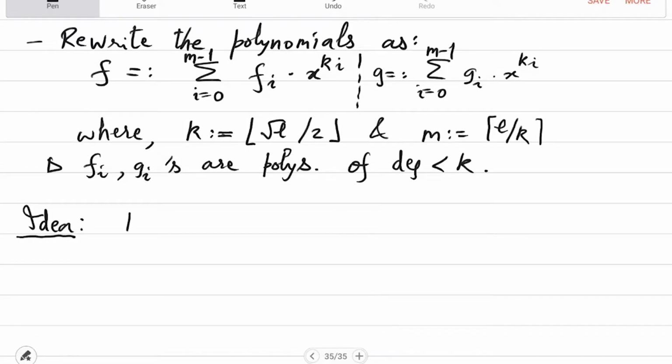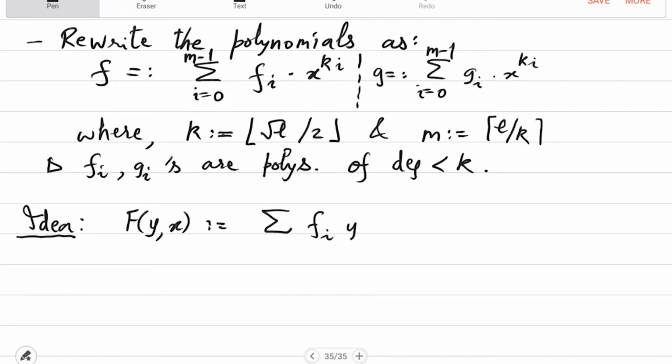So let us define the bivariate. Actually, this y I'm using intentionally. So this y is the same y as before, the y which is present in E. Okay, it's not a mistake.